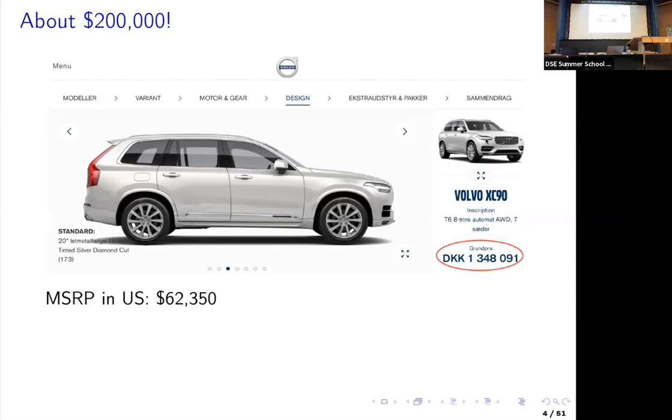That's because we are taxing cars heavily in Denmark. We used to have 180% registration tax. And then on top of that, you also paid 25% value added tax. So you pay taxes on taxes. And literally this triples the price.